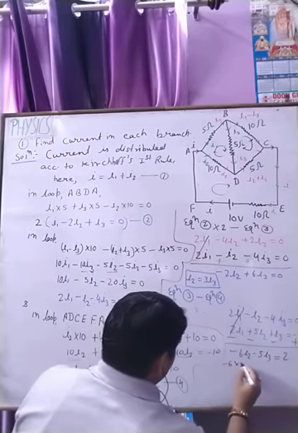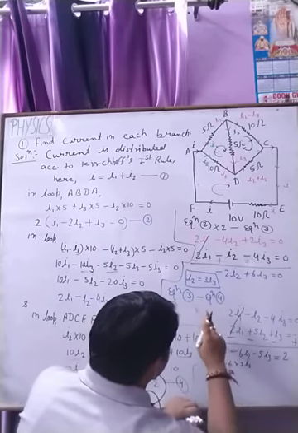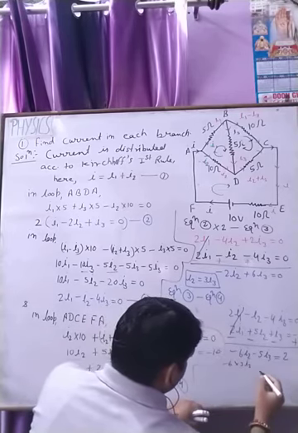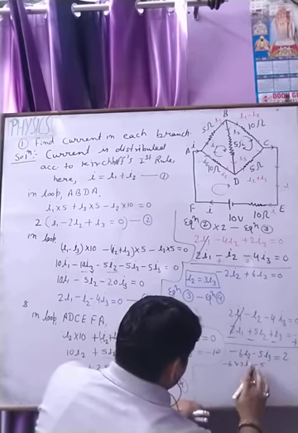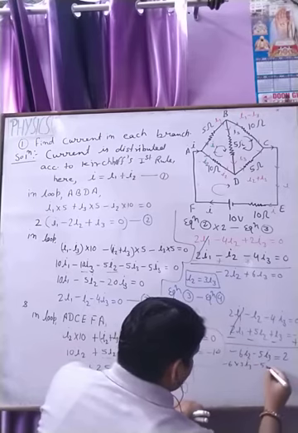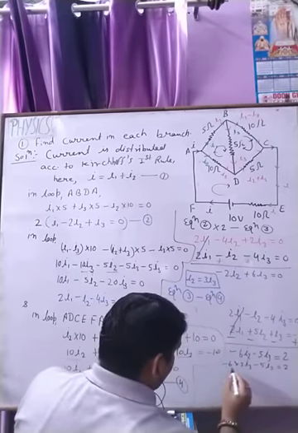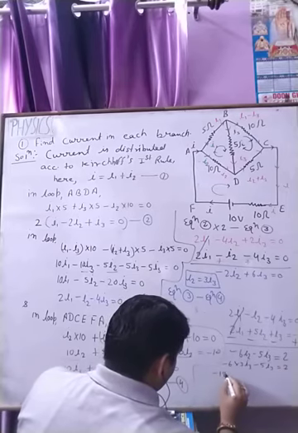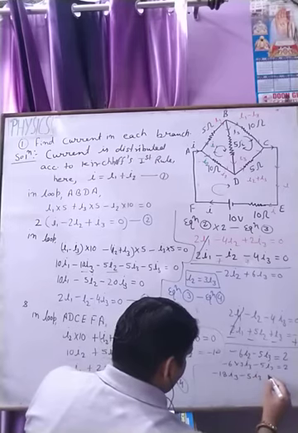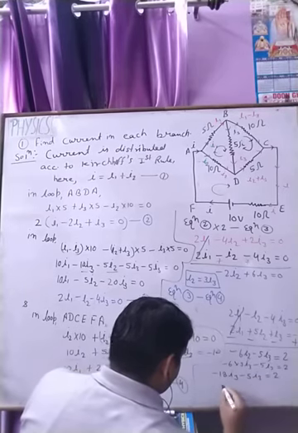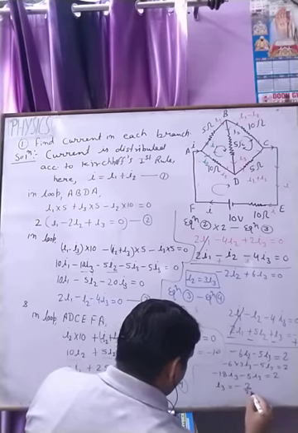Okay, now on putting the value of I2 from this, we get minus 6 into 3I3 minus 5I3 equal to 2. On solving we get minus 18I3 minus 5I3 equal to 2. So I3 equal to minus 2 by 23.